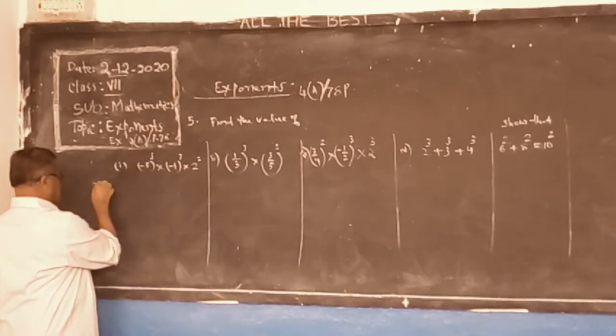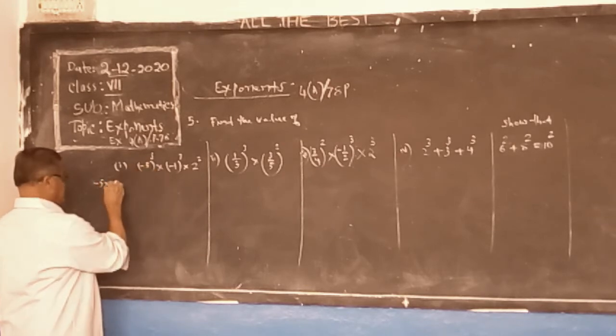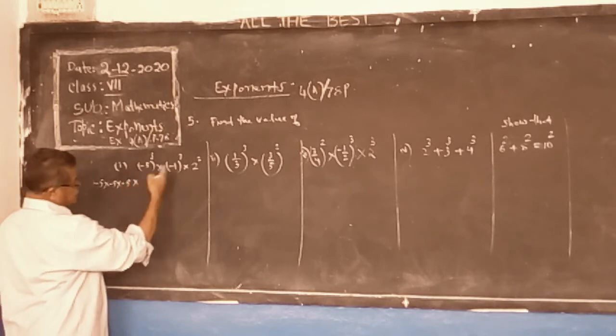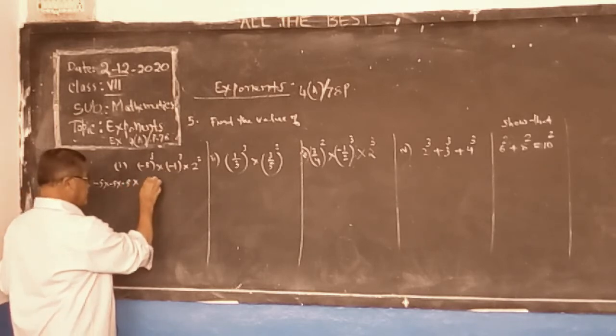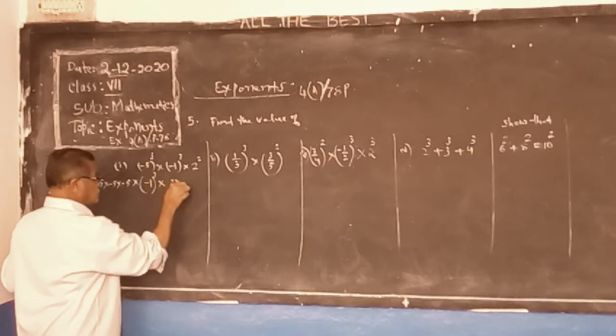So write 3 times 5 cube, minus 5 into minus 5. And minus 1 7 times means minus 1 only, we need not write. And 2 squared, 2 into 2.